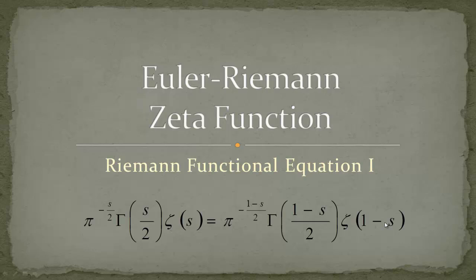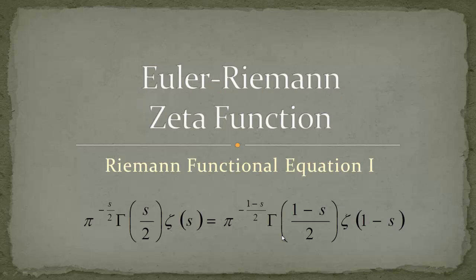Actually, what this should tell you is that there is some kind of underlying symmetry between the gamma function and the zeta function, which is also relating the zeta function to its symmetric function, zeta of 1 minus s.